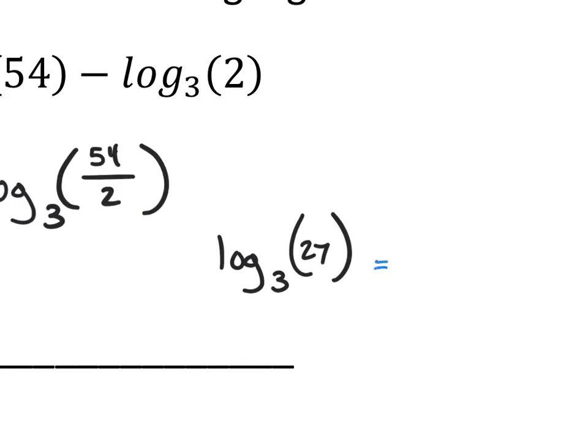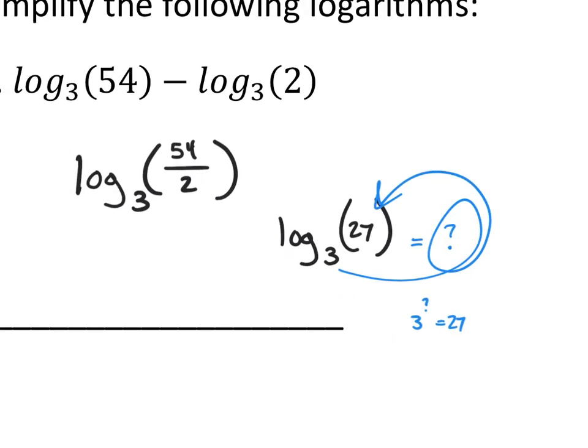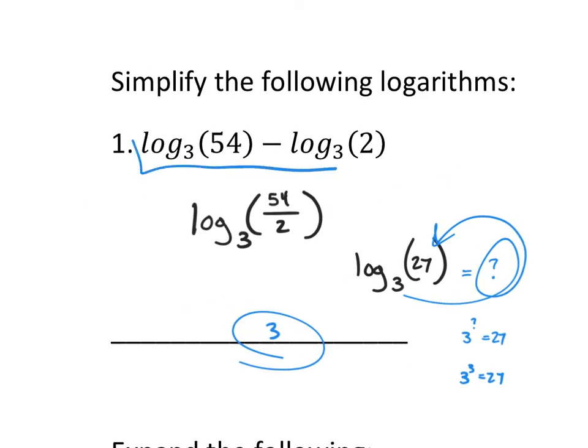If we do a loop and swoop, this is an answer equal to something. This is 3 to the something power is equal to 27. And that answer is 3, because 3 to the third power is equal to 27.